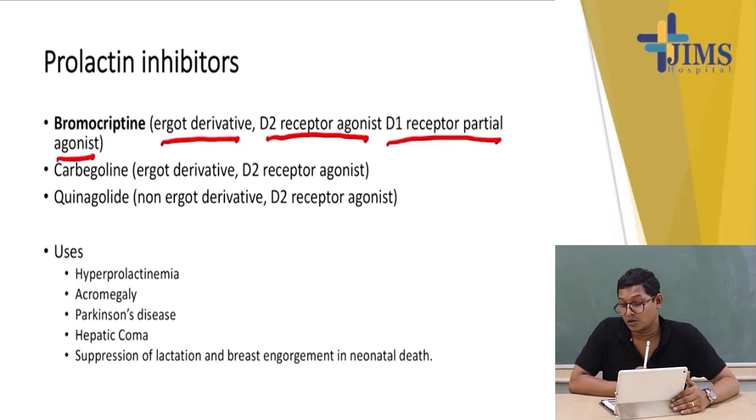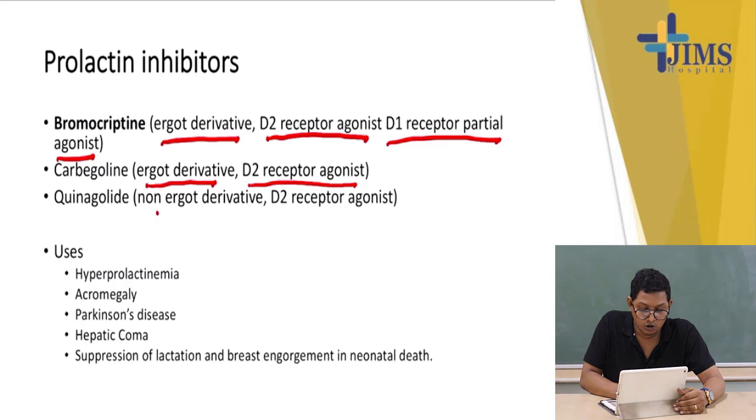Now, one thing you must remember, a partial agonist in the presence of an agonist acts as an antagonist, right? Cabergoline, which is again an ergot derivative, is selectively a D2 receptor agonist.